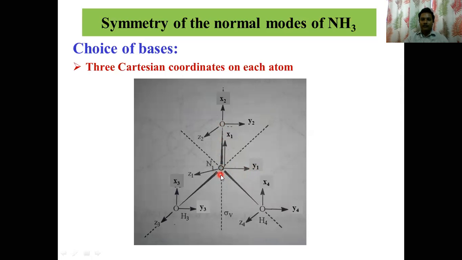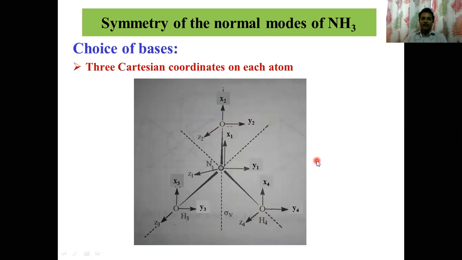In the same fashion, we will have Cartesian coordinates for hydrogen also, like X2, Y2, and Z2 for the second hydrogen, similarly for the third hydrogen. These numbers 3 and 4 indicate the number of atoms. Like N1, 1 stands for the nitrogen. Here it should be H2, and then H3 and H4. Okay.